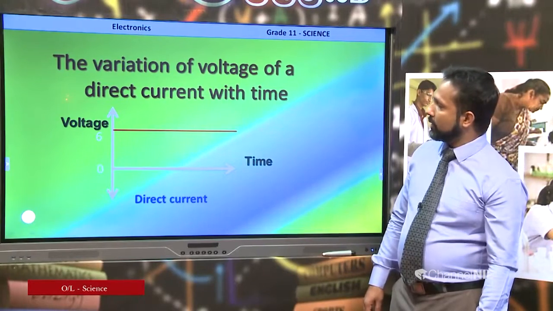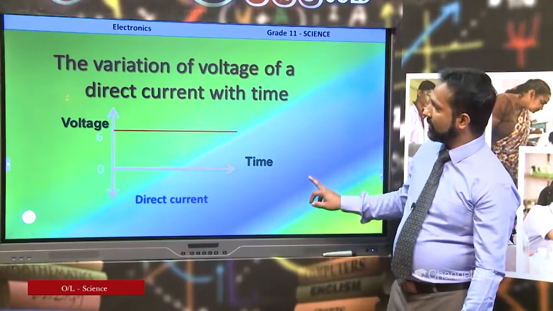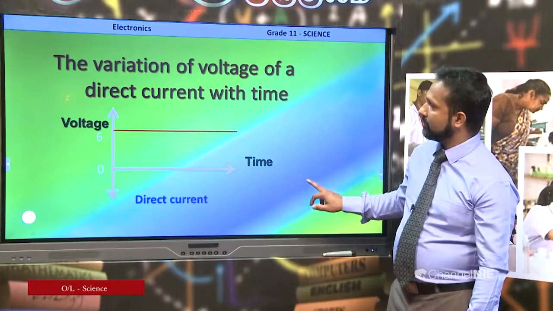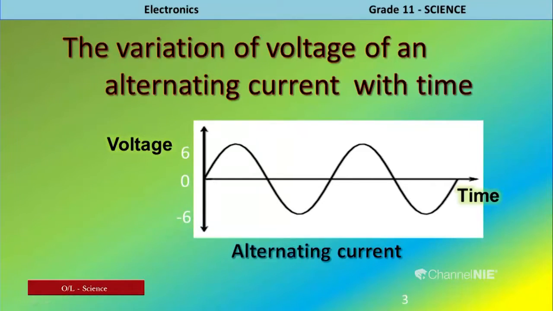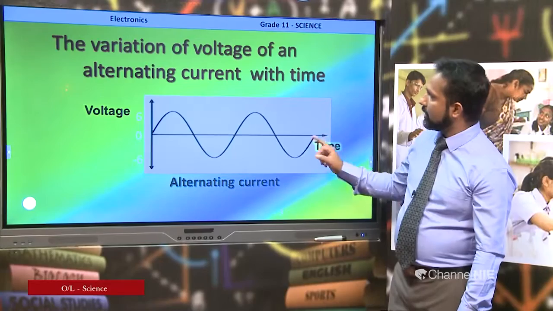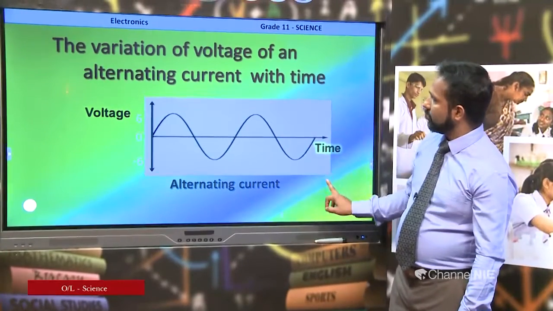It is parallel to the time axis. It is a straight line. When you think about the variation of voltage of an alternating current with time, you can see it varies as a sinusoidal wave. Voltage, time, the variation can be seen.